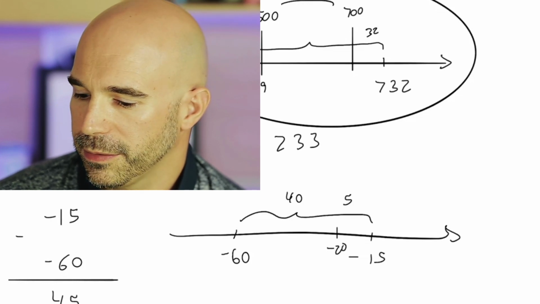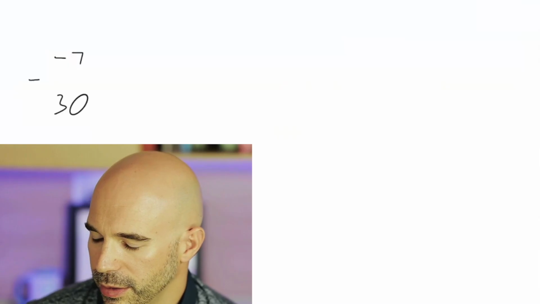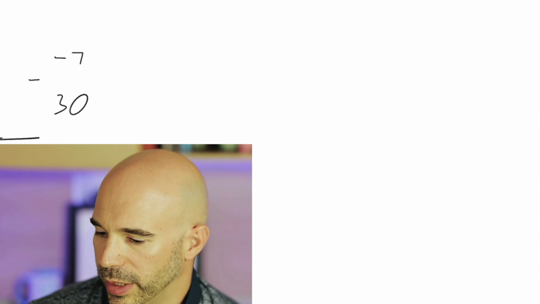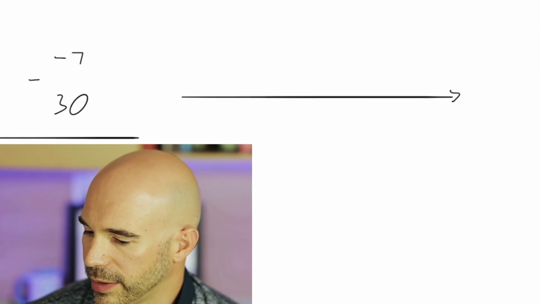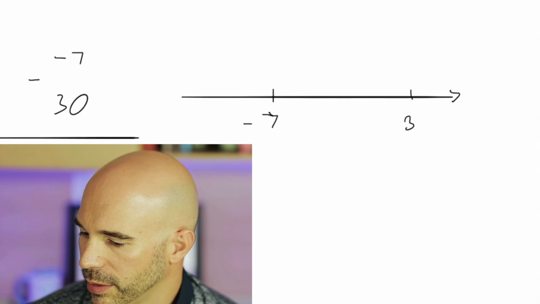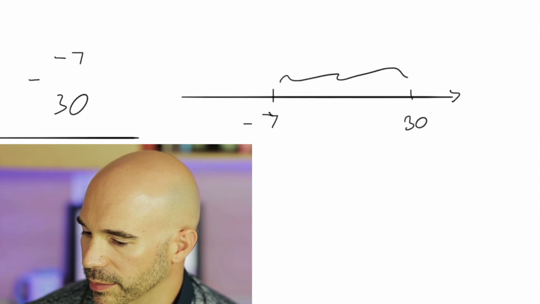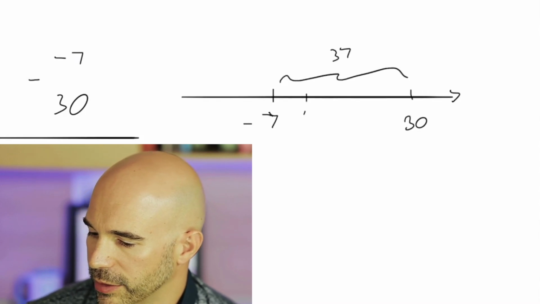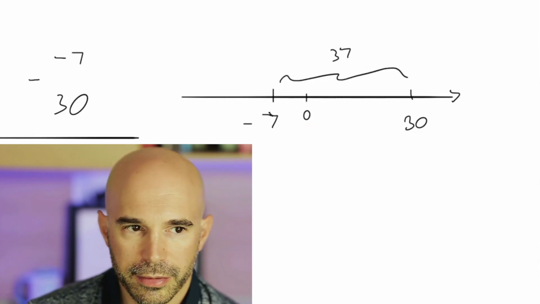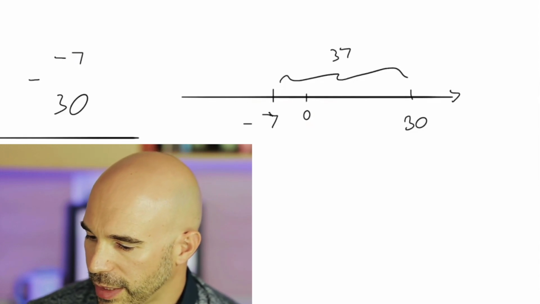Who cares? A difference, a subtraction, is just how far apart are the things on the number line. And if you had, I don't know, negative 7 minus 30, right? What would you get? Well, this time you're subtracting the bigger number from the smaller number. Now the distance between them is very easy to see, is 37, because you've got 0 there, so 7 to the left of 0 plus 30 to the right of 0 is 37.